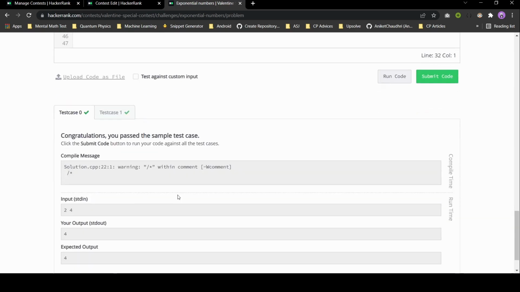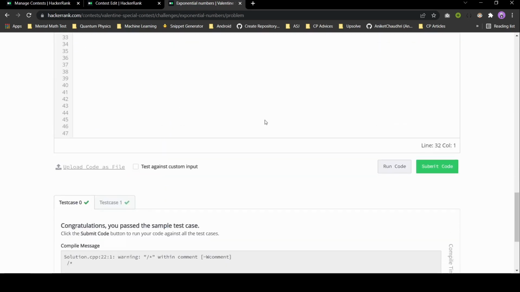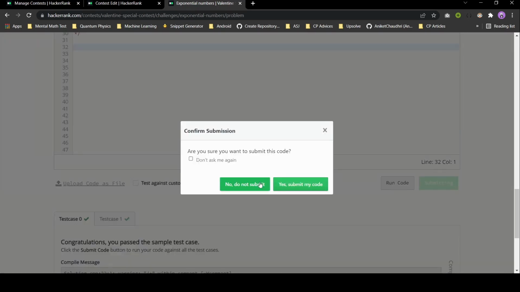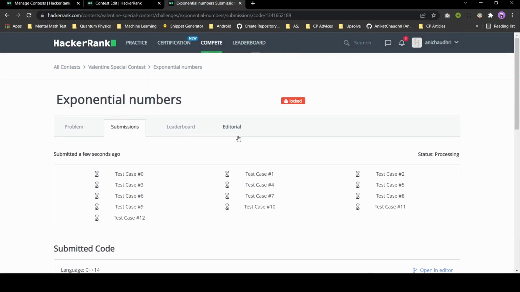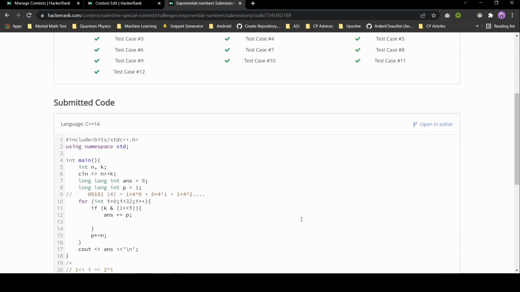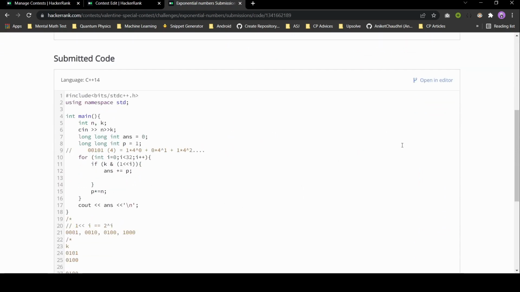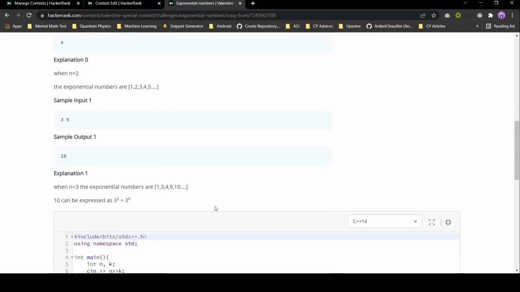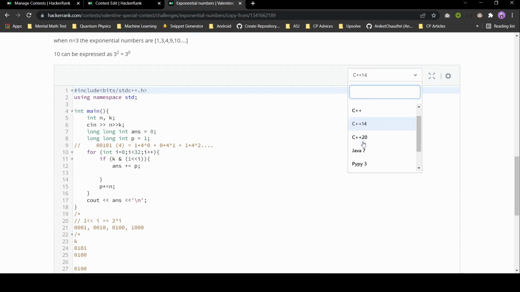Okay, so it passes, and if we submit this code, okay, so you see all test cases have been passed. Once we write it in Python, then I will just go over the algorithm once again. Let's first write the same in Python.